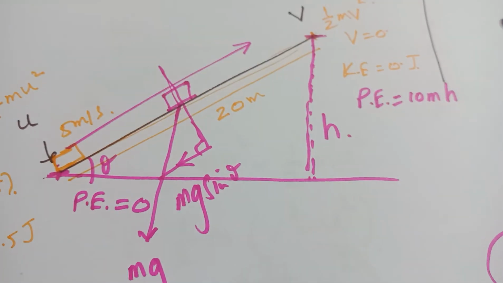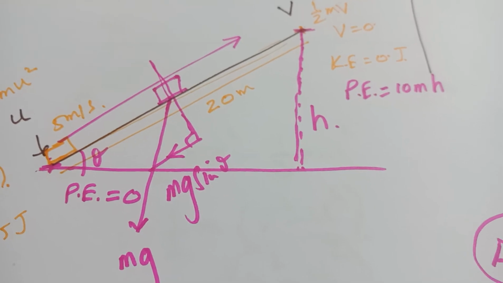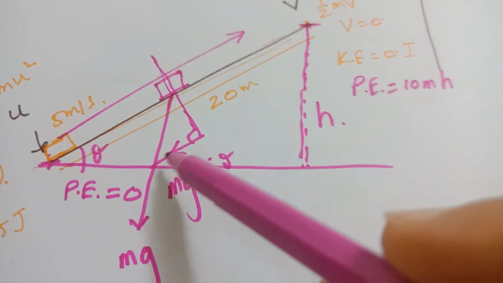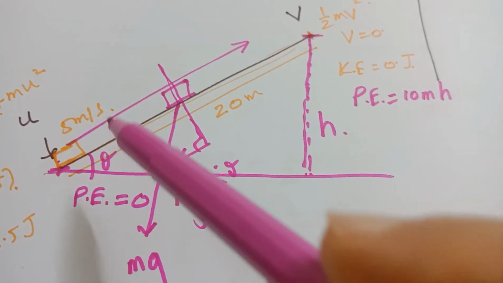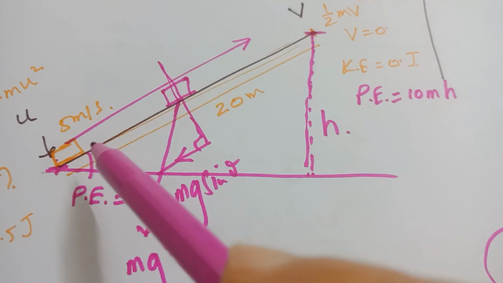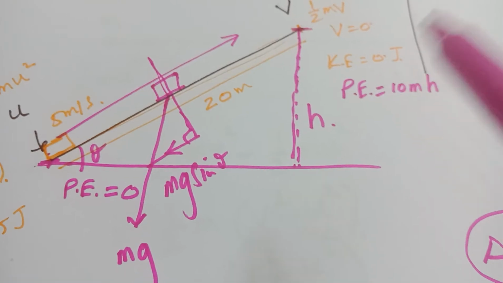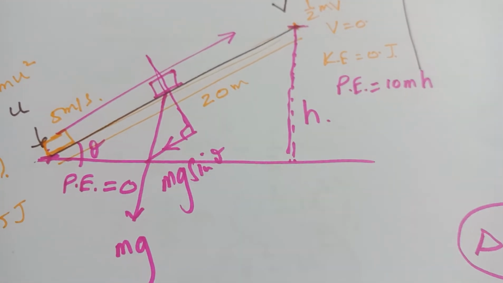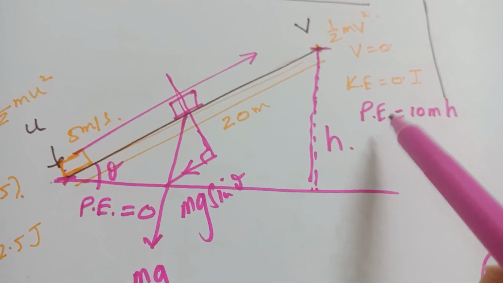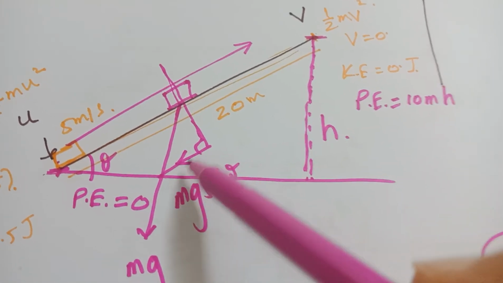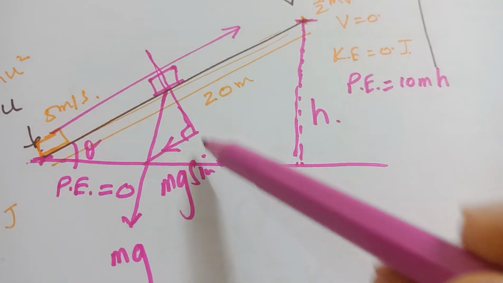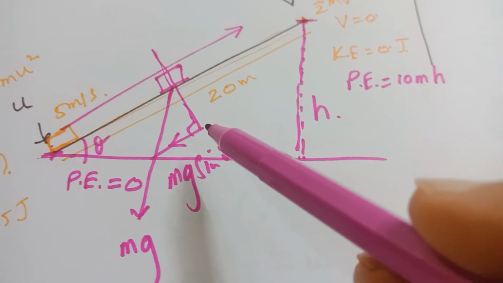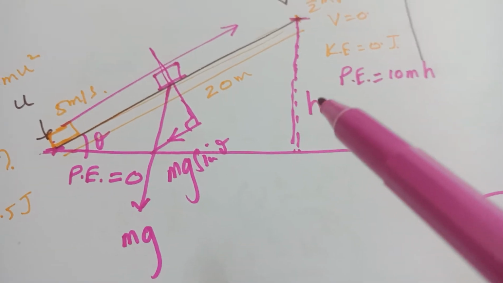So if in a situation you are considering this weight as a force, it might be a pulling force or a backward force, then you will never ever talk about the potential energy. And the second thing is, if you are talking about the potential energy, then you will not be considering the component of the weight as a pulling or backward force. So please be very clear about it.